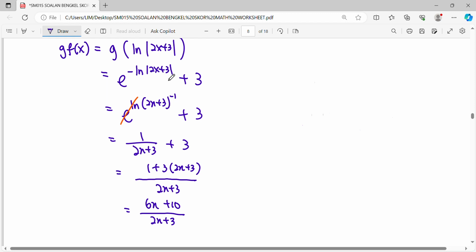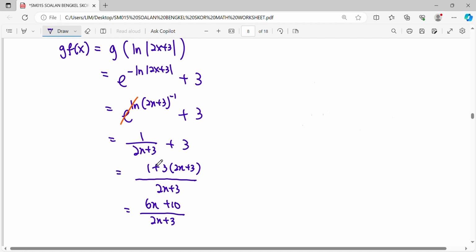So why suddenly from modulus change to bracket? As I have noticed you before, the modulus is just to make sure it can accept every value of x. When I already cancel the ln, that is not a modulus function there. It's just 2x plus 3.